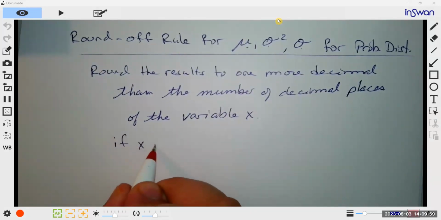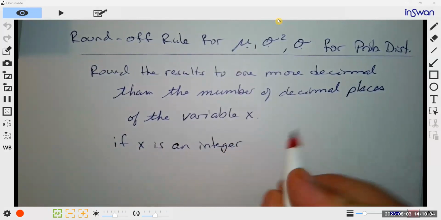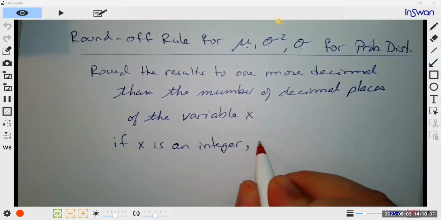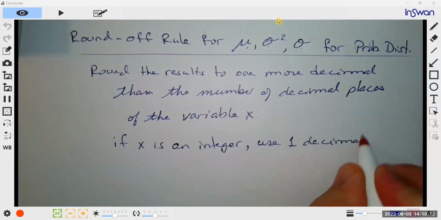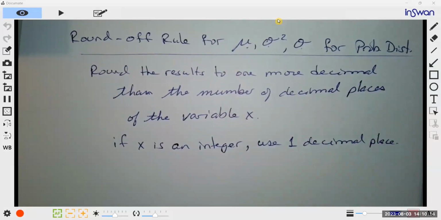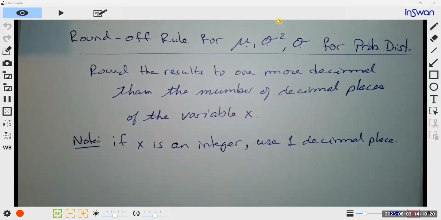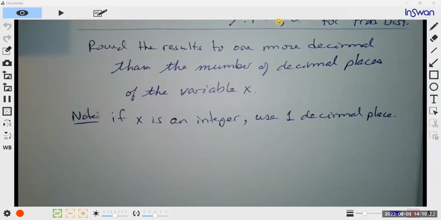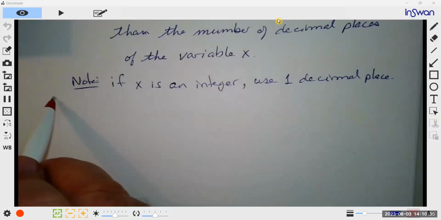Note, if x is an integer, use one decimal place for our solutions. But there are sometimes exceptions to that round off rule. But for the most part, that's it.